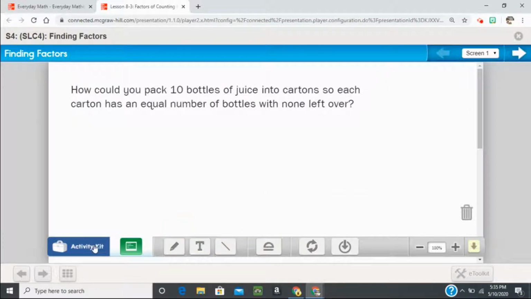Okay, so let's move on to the meat of our lesson today, and that is finding factors. Factors are simply the numbers that you can multiply to make another number. Each number has a certain amount of factors. So let's look at factors of 10 here.